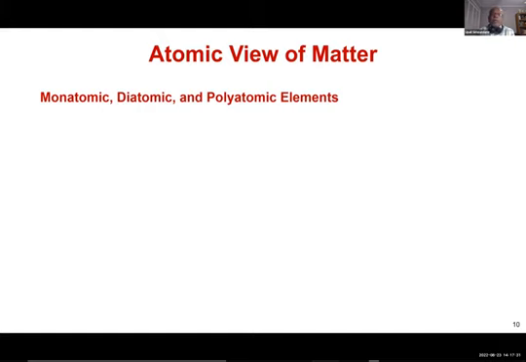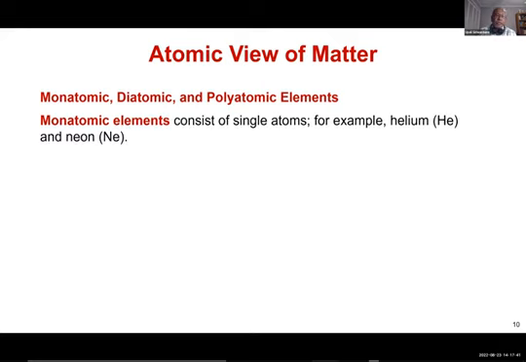Some of them have diatomic molecules, like oxygen and hydrogen, and others have polyatomic molecules. If you look at the periodic table, the last column on the right is called the noble gases: helium, neon, argon, xenon, krypton, radon. They are monoatomic. These noble gas elements have only one kind of atom.